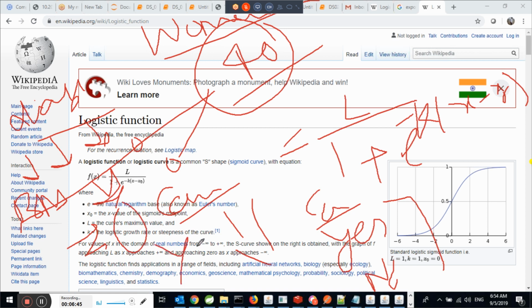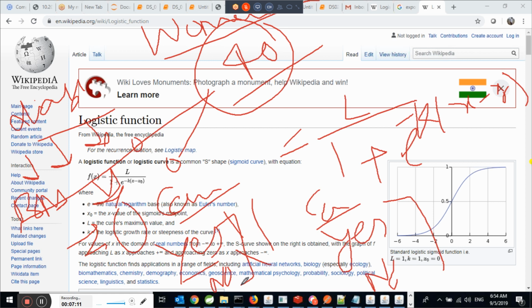So here you can see the output is only yes or no, 0 or 1. On the basis of that input data, if your output is only yes or no, then you can apply sigmoid, you can apply the logistic function.